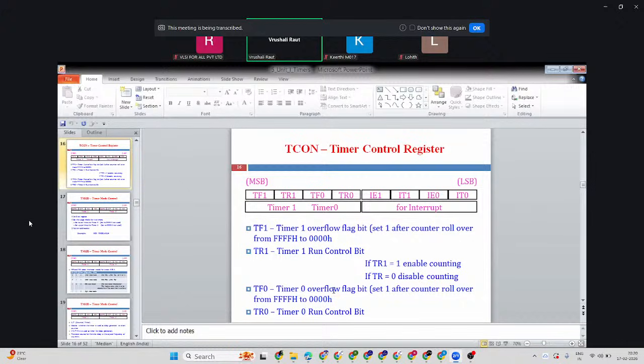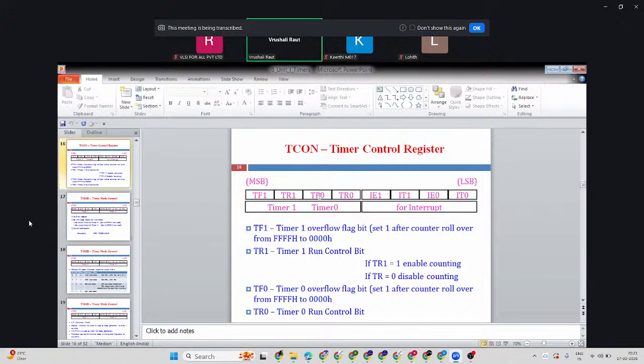All are 1 means what? In hex, F, F, F, F. 16 ones, in groups of 4, will be F, F, F, F. And it rolls over. Once it becomes FFFF, it will roll over to 0000, and at that time this flag TF0 will be set.